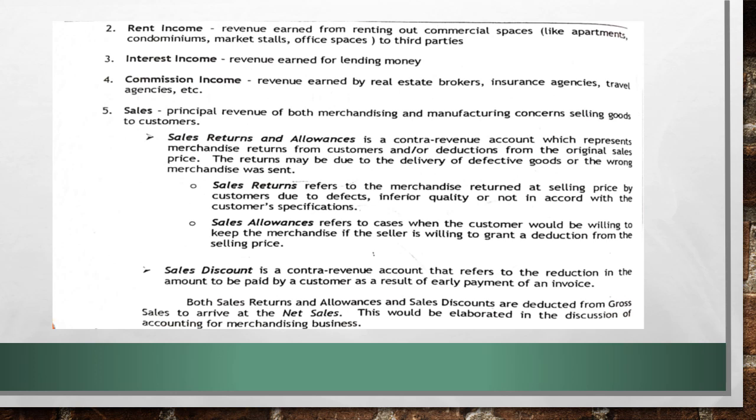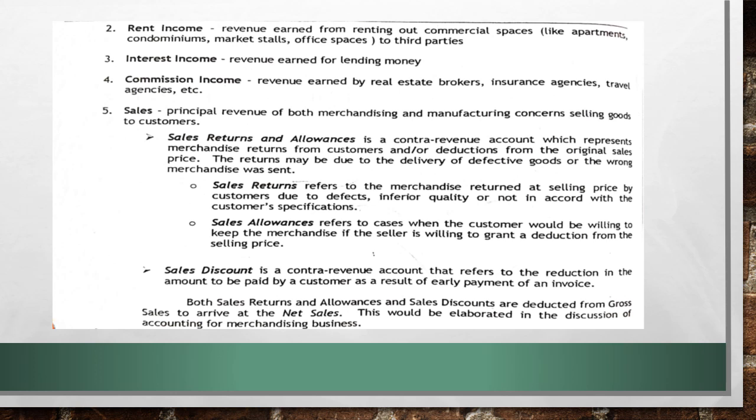And if ever we have some selling of goods to customers, merchandising or manufacturing, we call that sales revenue. For this sales revenue, we also have the contra revenue accounts. We have sales returns and allowances and the sales discount.